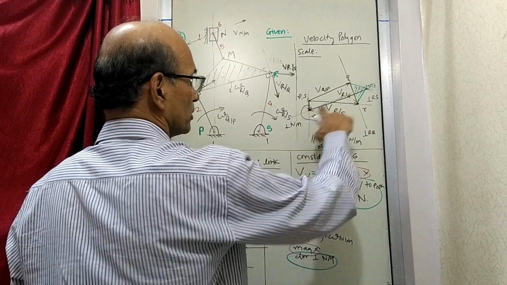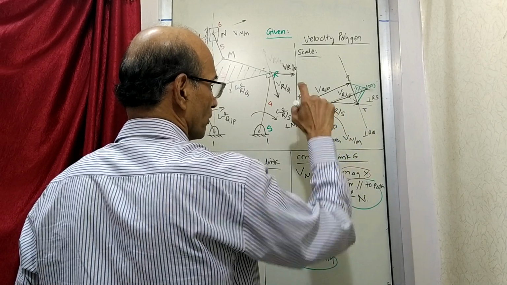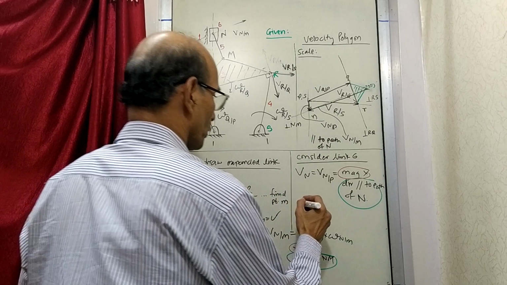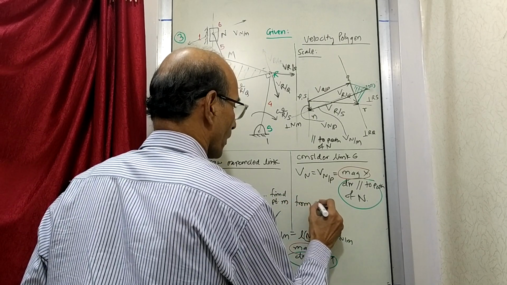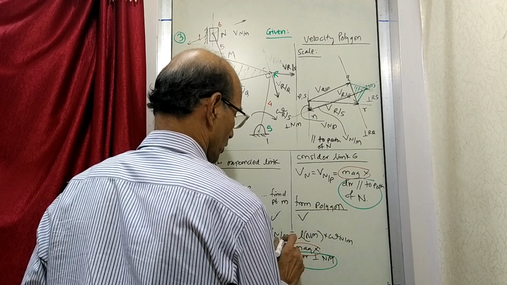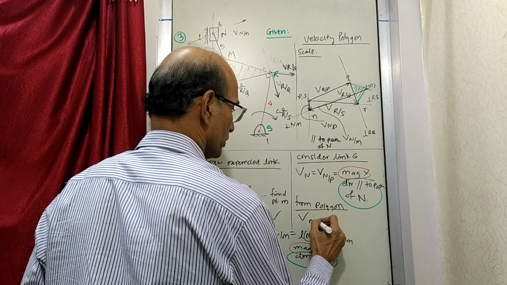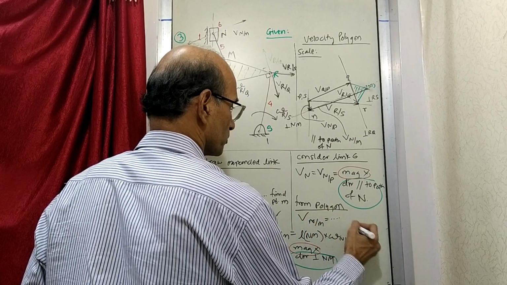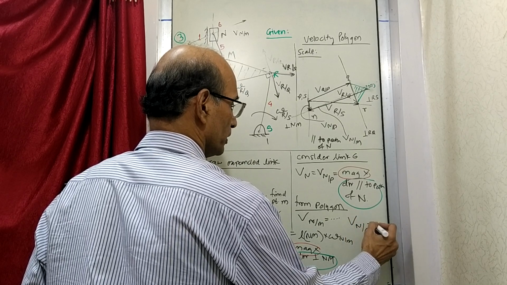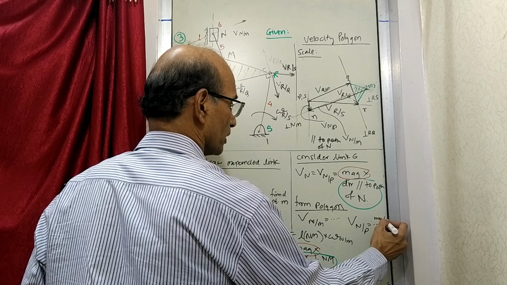So now you can say from the polygon, velocity of N with respect to M is this much, and velocity of N with respect to P is this much, in millimeters per second.